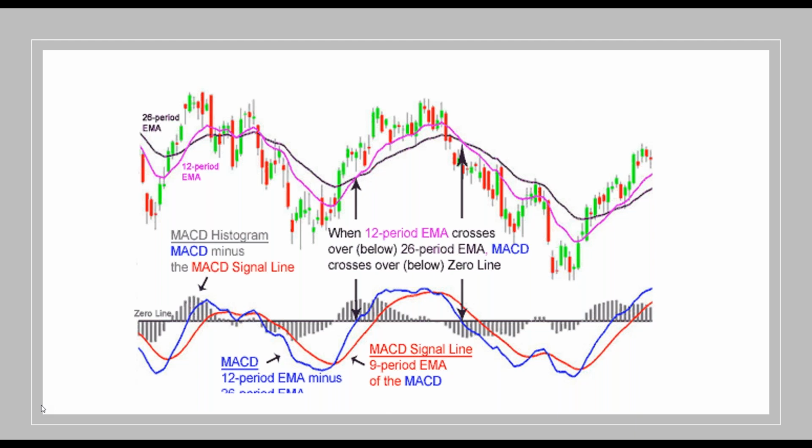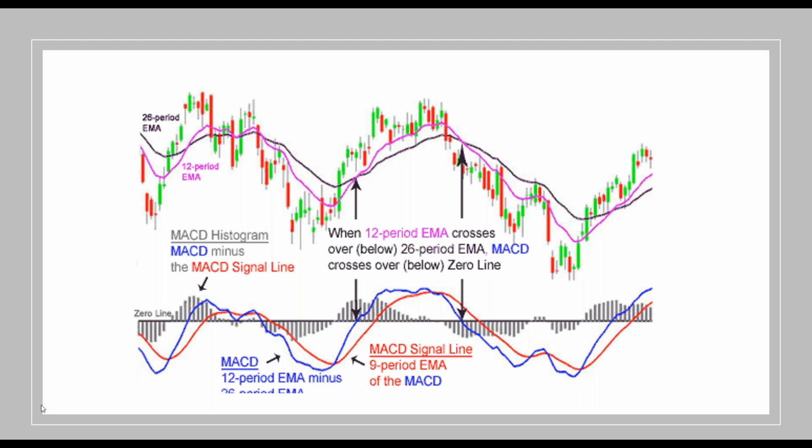The fact is, Gerald Appel developed this 30 years ago, and he tested it and back tested it, again and again, and came up with the correct periods that worked for the signal and that worked correctly.